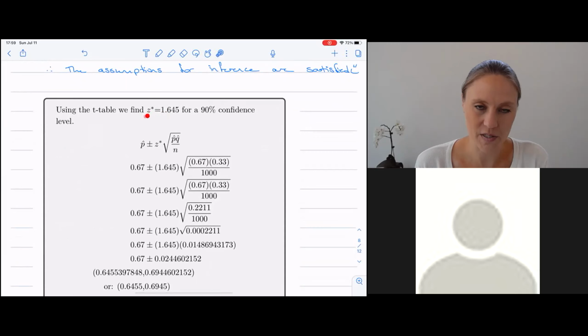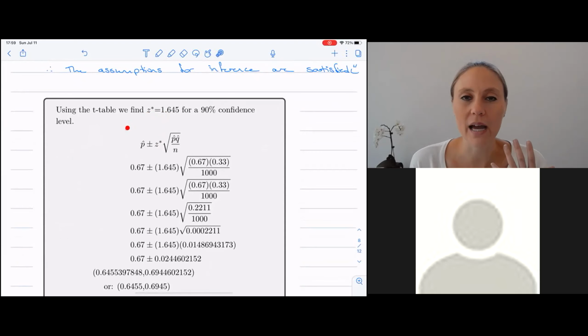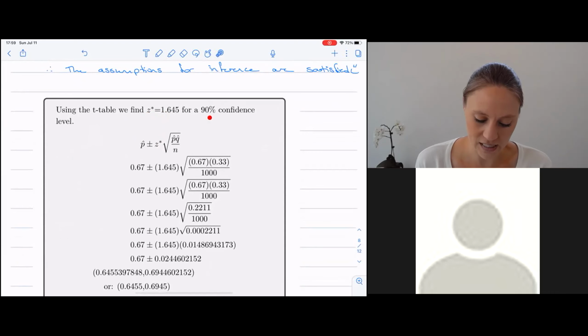Remember, we need our z star for our confidence interval, but remember we use the t-table with the z star row, right? We've done that so much now that I am expecting you to feel really comfortable doing that. And so for a 90% confidence interval, we've got a z star of 1.645, right?